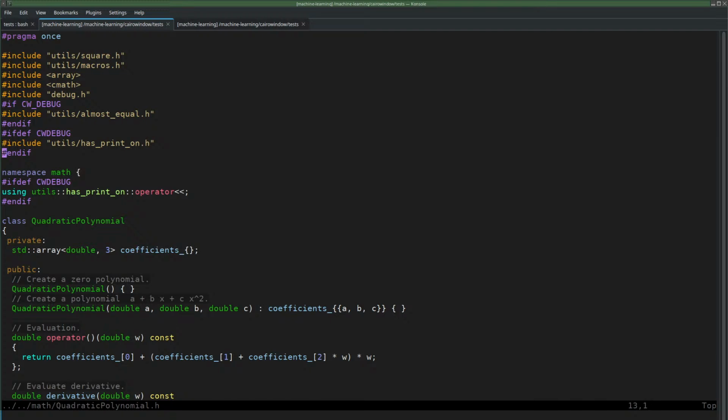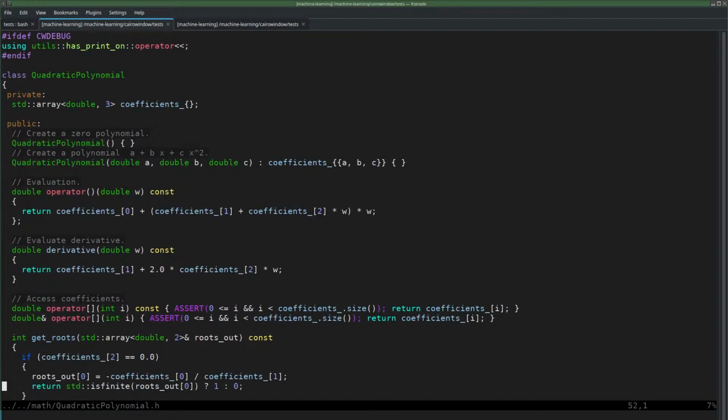Be nice if we could just place a few points and then automatically get a quadratic polynomial that goes through those points.